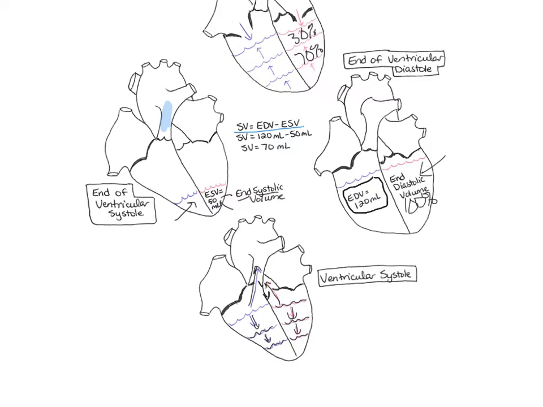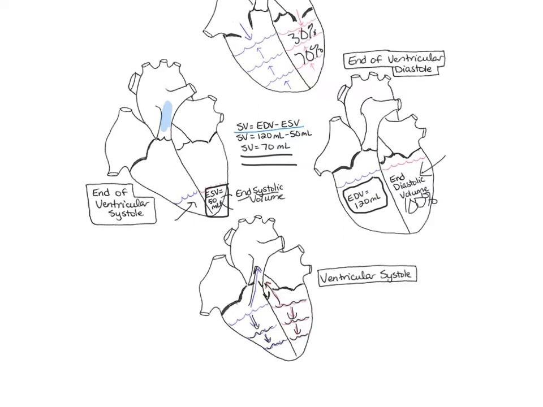And then after they contract, we have 50 mils left in the ventricle. So knowing those two numbers then, how much blood was actually pushed out of the ventricle? That's right, 70 milliliters was what was pushed out. That's how much blood was pushed out of those ventricles into those major blood vessels. That's stroke volume.